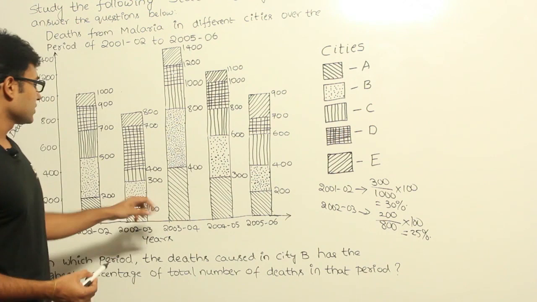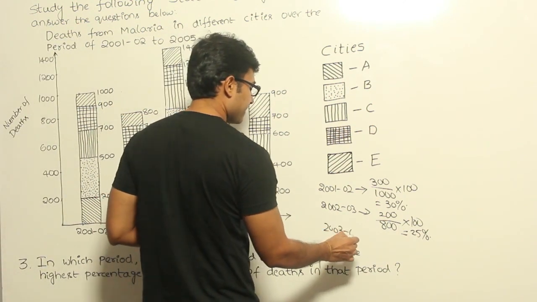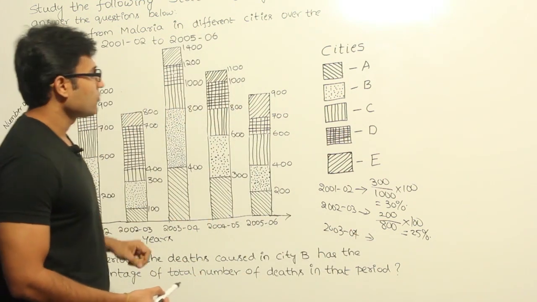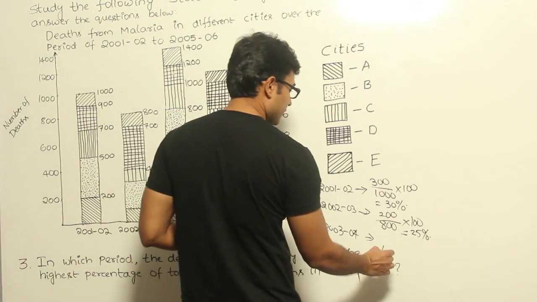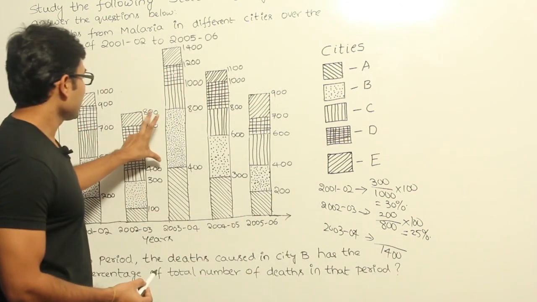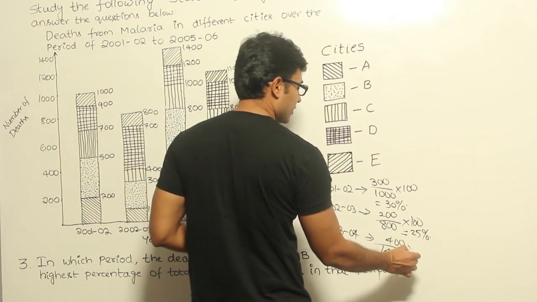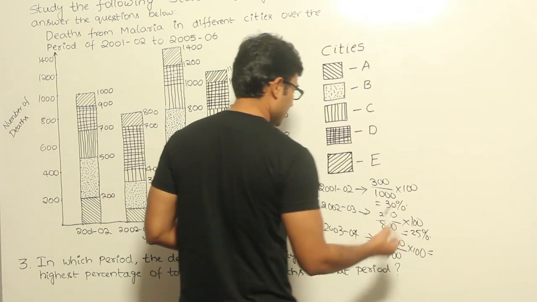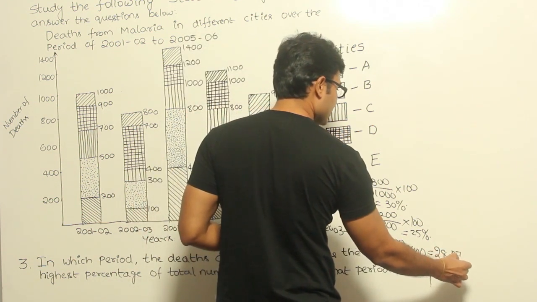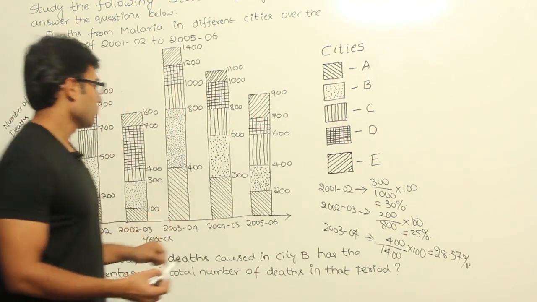And the next one is 2003 to 4. In 2003 to 4, the total number of deaths is 1400, and city B has contributed 400 into 100, right? So it is going to be 28.57%.